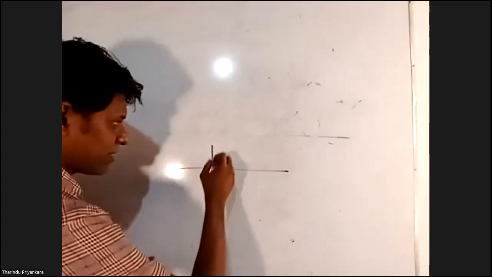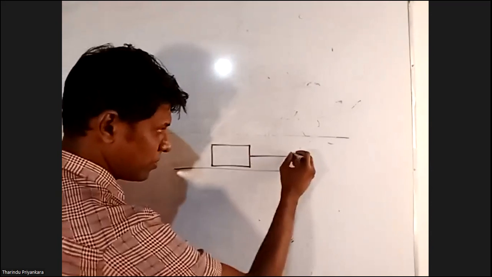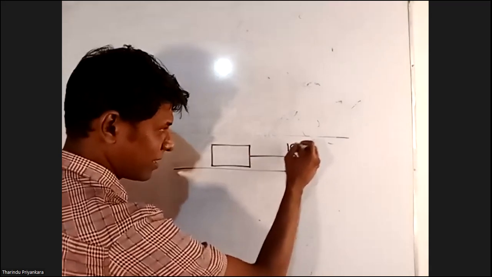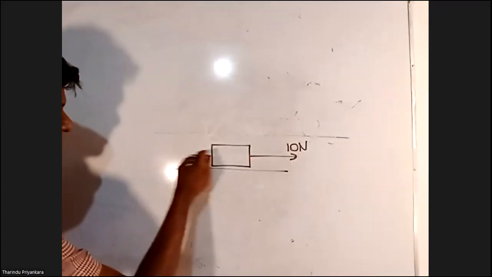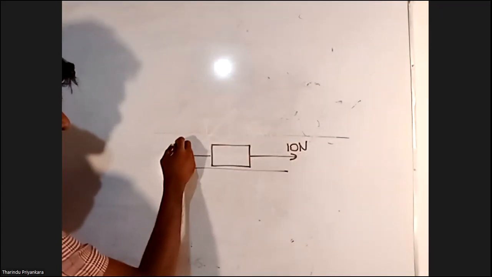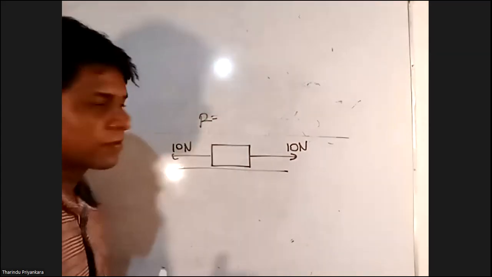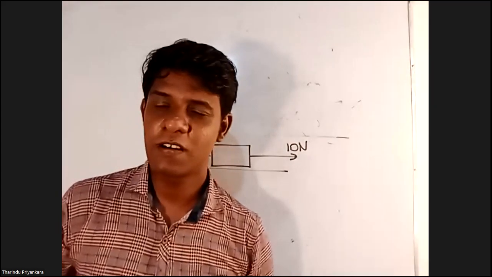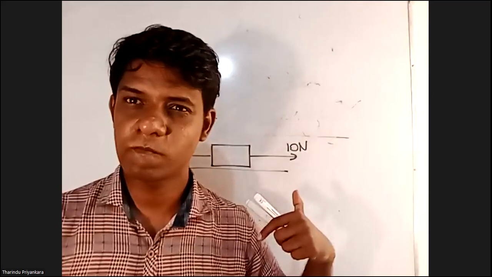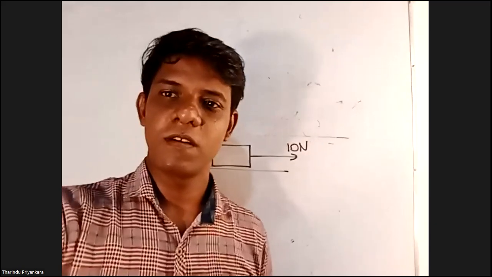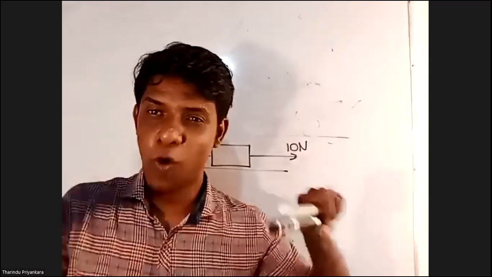When there is an object lying on a surface and you drag it, I will go for a numerical example: 10 Newton to the right hand side and another 10 Newton to the left hand side. So what about the resultant force now? The resultant force is 0.